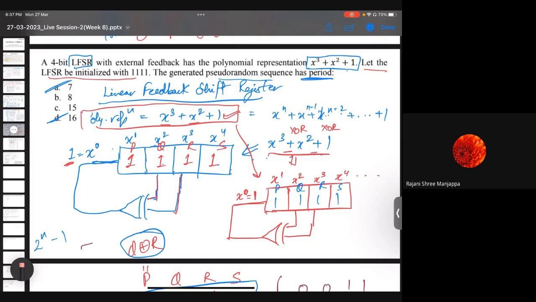Give me a second to see if I'm doing it correctly. I don't think we'll reach 1111 back. Yes, exactly. Give me a moment.